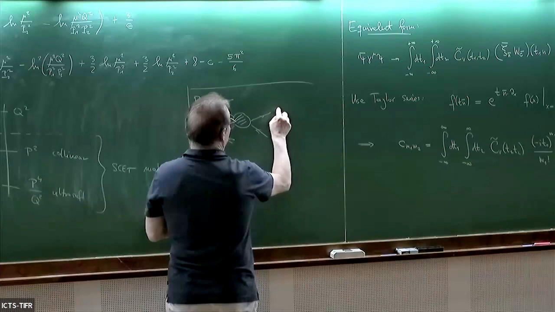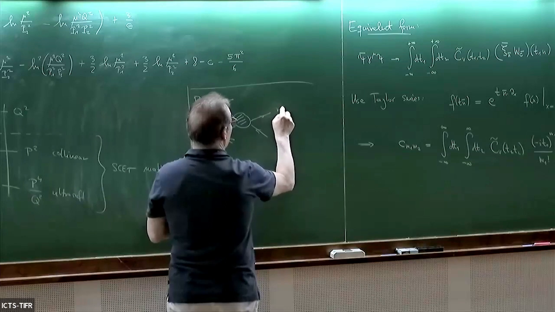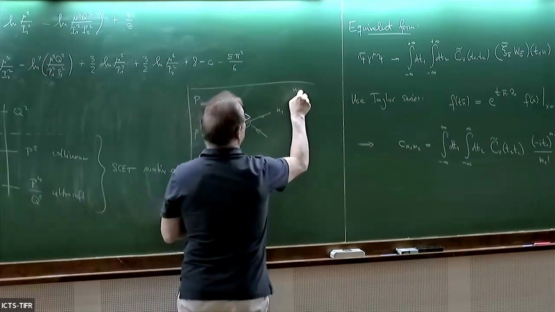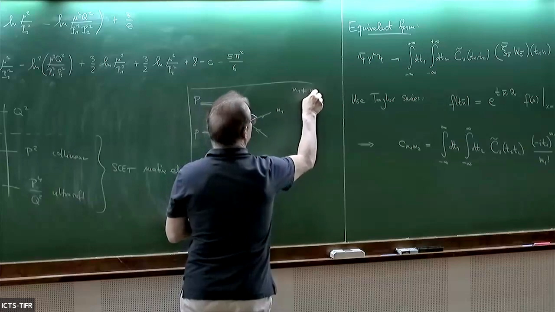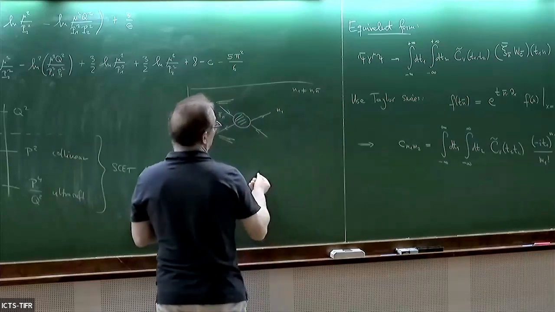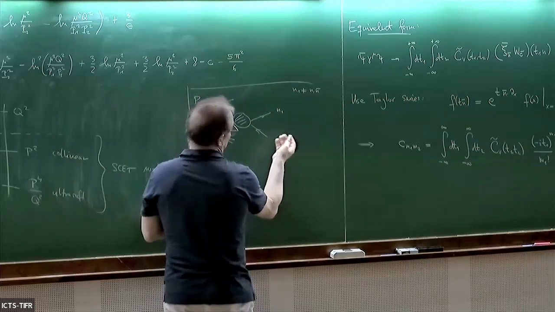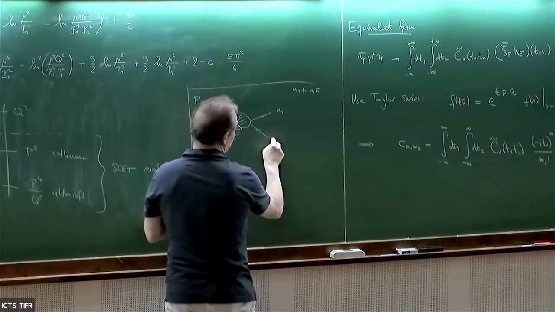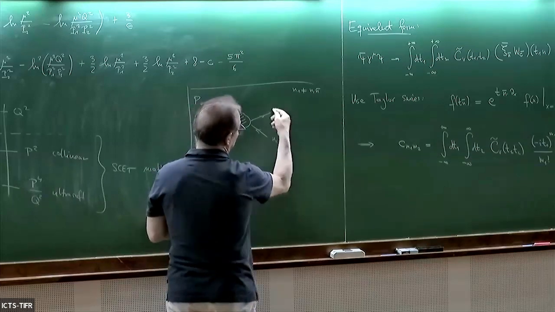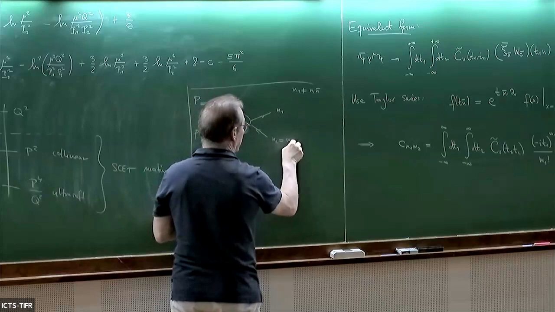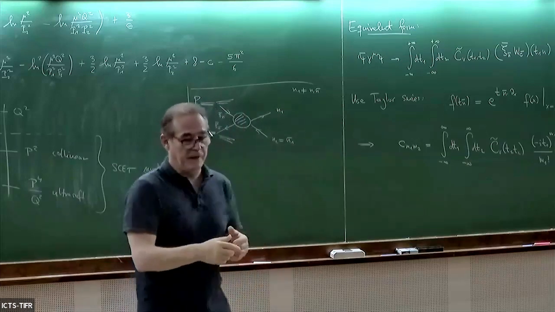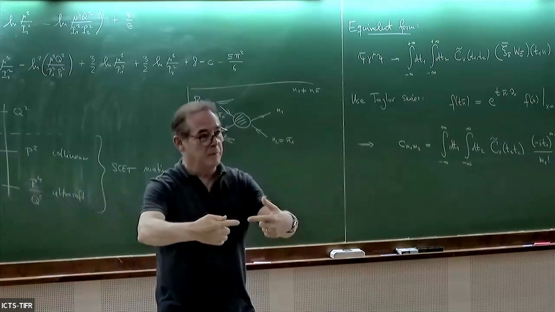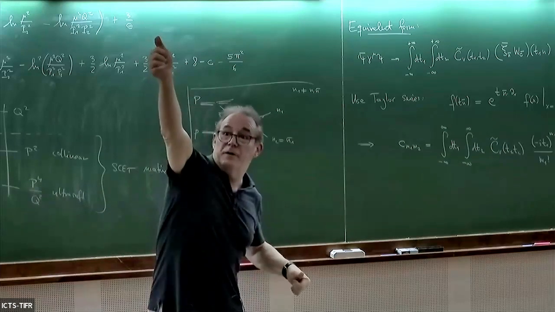Let's say we call this N1, but N1 is not the same as N or N bar. And then we could call this N2, or in this particular case, N2 is N1 bar. You have back-to-back the beam axis, and now you have back-to-back the jet axis.